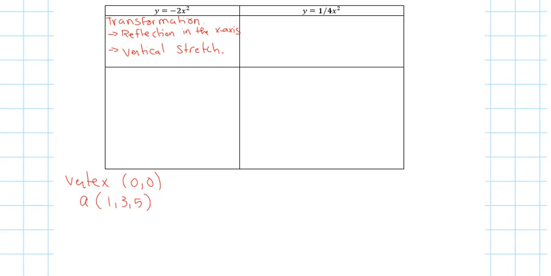So what is my step pattern? My step pattern is negative 2 times 1, 3, 5. Negative 2 times 1 is negative 2. Negative 2 times 3 is negative 6. Negative 2 times 5 is negative 10. So my 1, 3, 5 means go up 1 over 1, go up 3 over 1, go up 5 over 1. But now it's negative 2, so what does that mean?